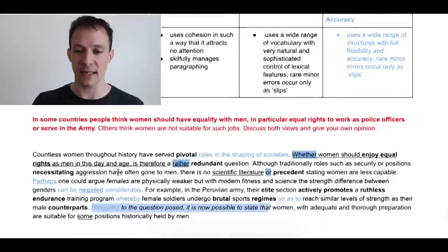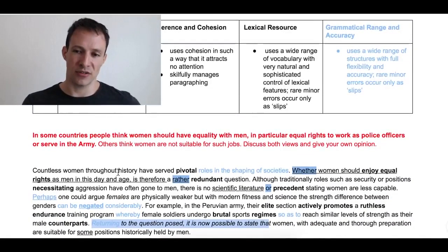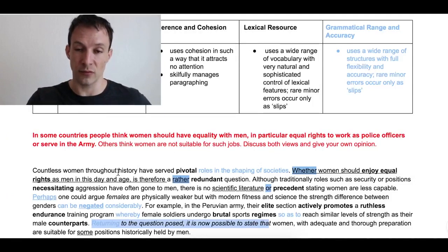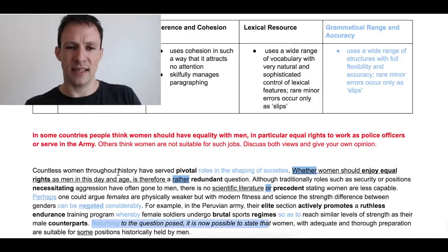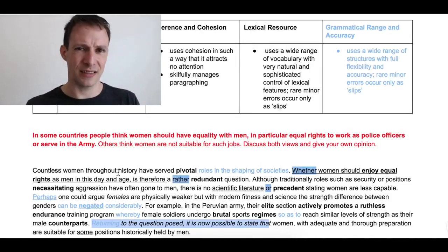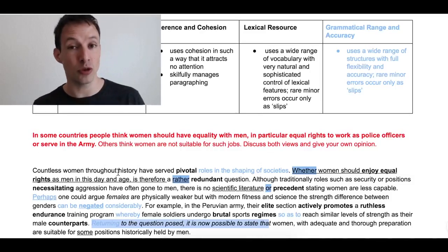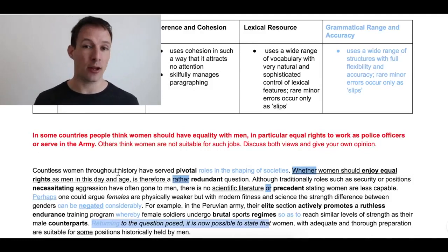So let's just go back here, and grammar, like I said before, is very important, because if we cannot understand the sentence that you've written, then I can't tell if you've actually answered the question, because it's unclear. A good analogy would be the difference between running and walking through a shallow lake.